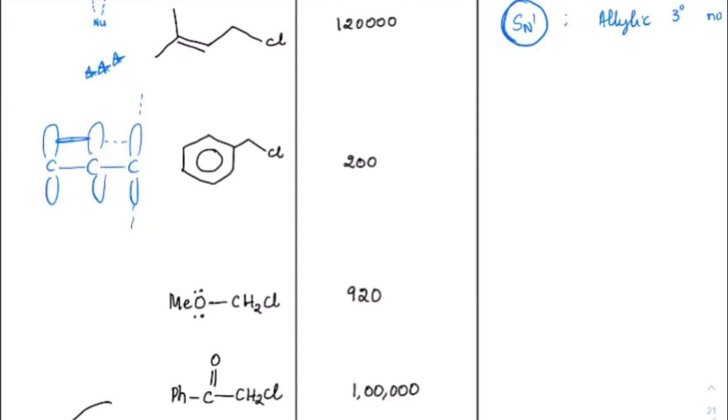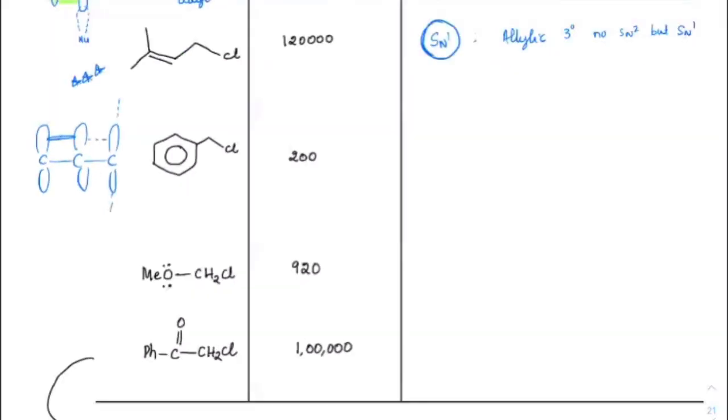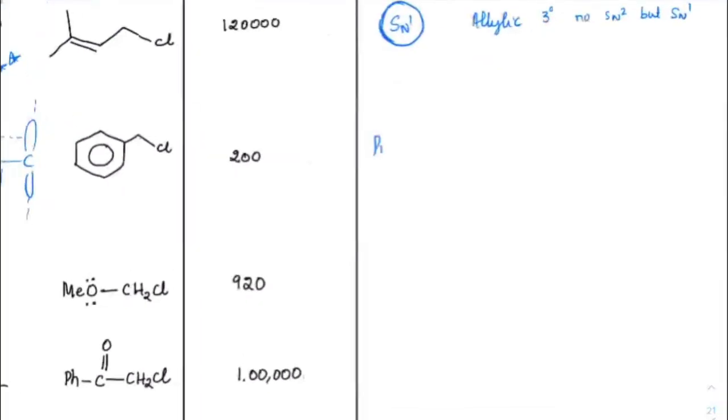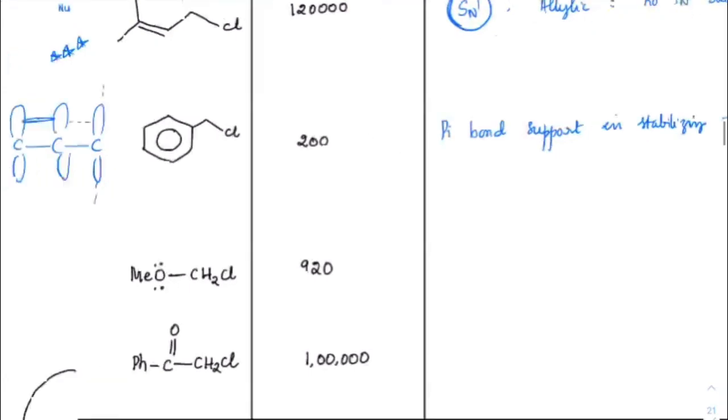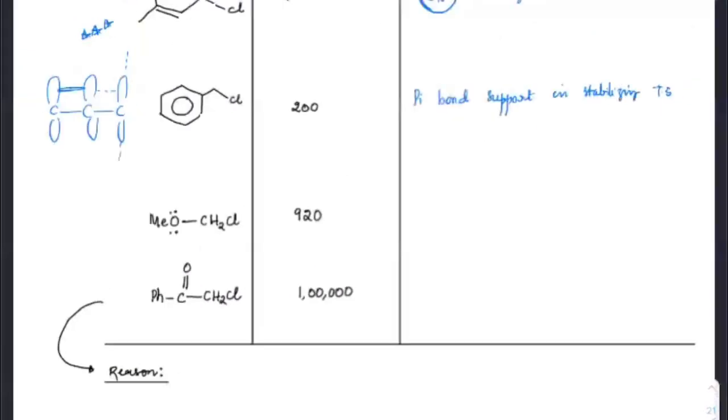So we can say that here also there is pi bond support in stabilizing transition state. Okay, I'll take just 5 minutes, guys. Let me finish this.